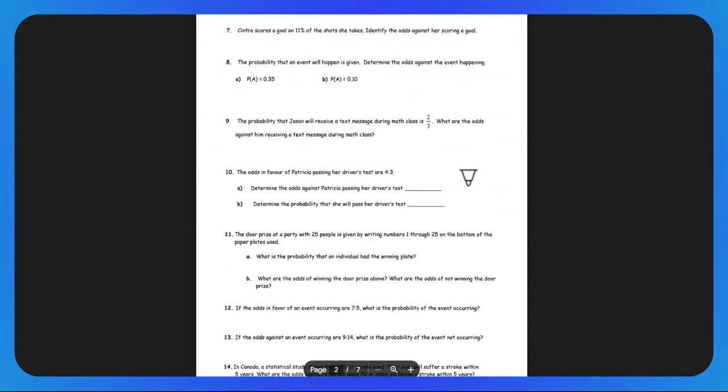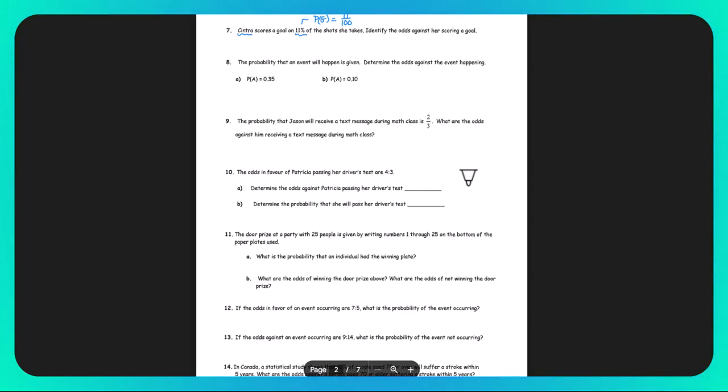So let's keep going. Now Sintra scores a goal 11% of the shots she takes. Remember, for probability, even though she has an 11% chance, that probability can be written as a fraction. So the probability of a goal equals 11 over 100. So for every 100 shots, she scores 11 times. Identify the odds against her scoring the goal.